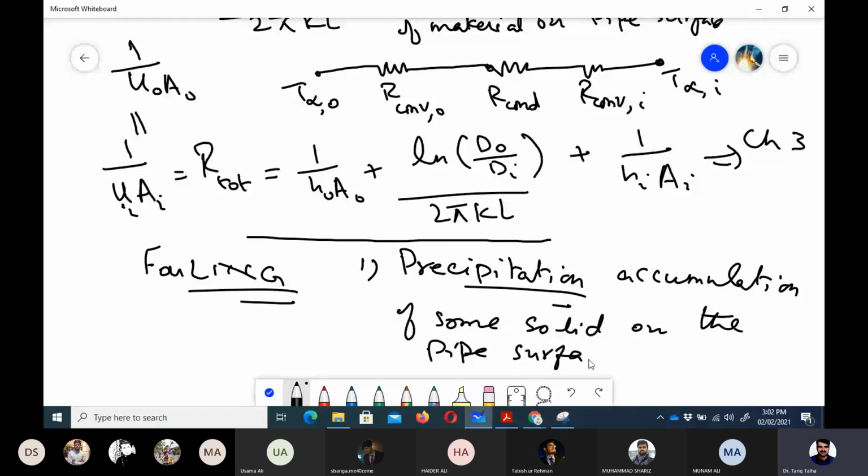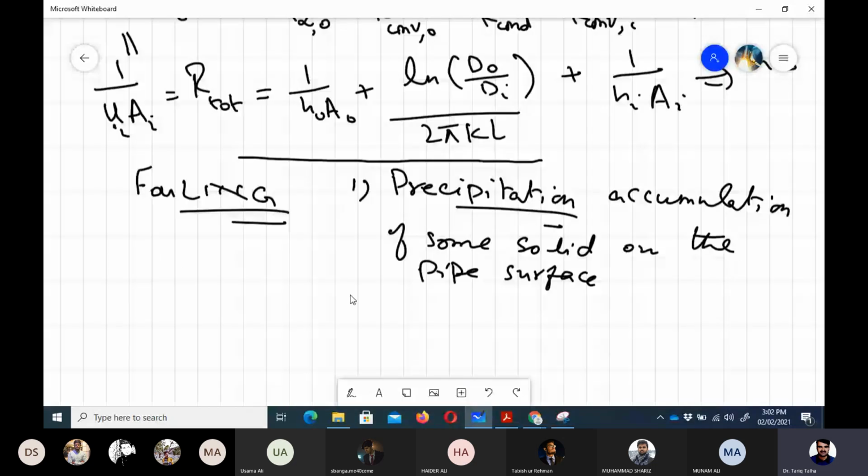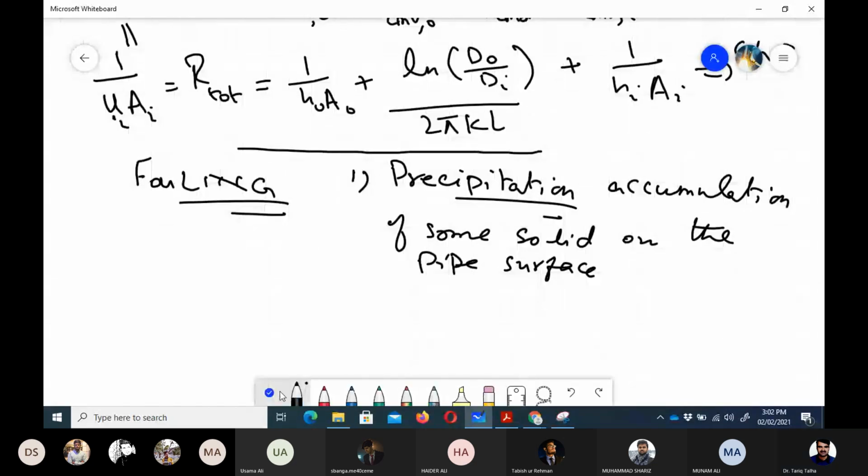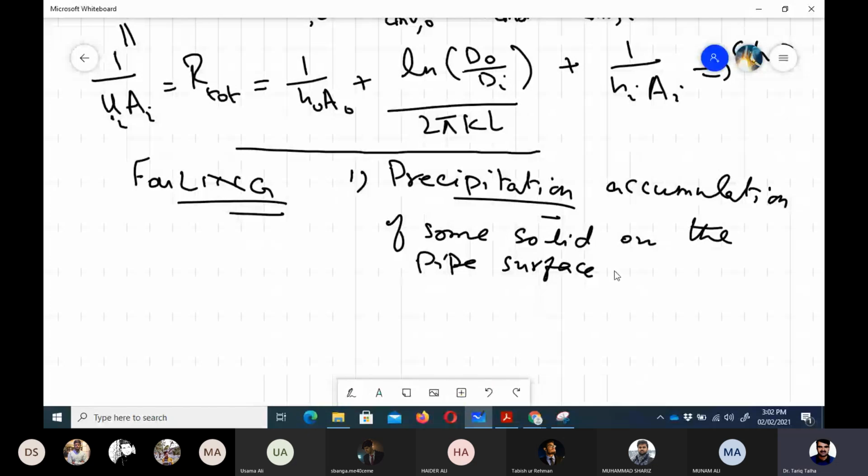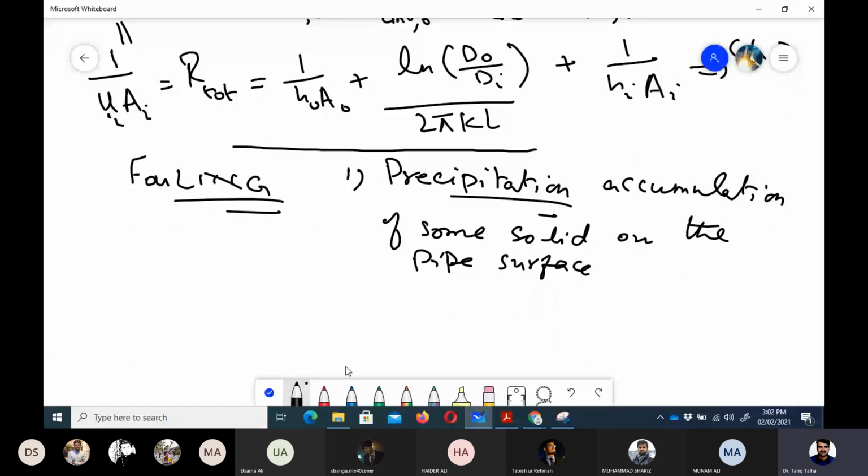And this kind of fouling usually happens when we use hard water for the flow inside the pipe. So in that case, some kind of particles would deposit on the pipe surface. So that is the precipitation.